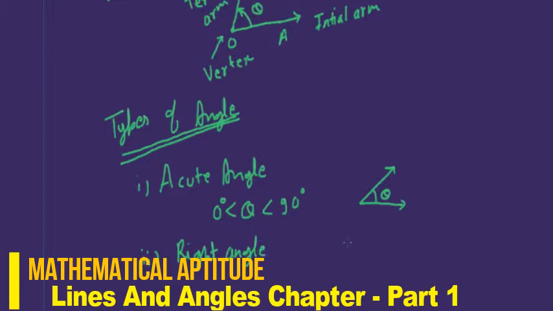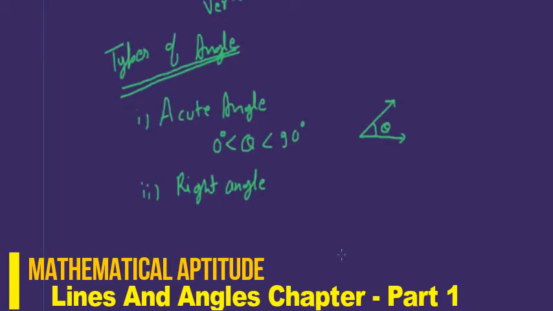A right angle means an angle whose measure is 90 degrees. Such an angle whose measure is 90 degrees we will call a right angle. The geometrical representation of a right angle is like that. Generally, we represent a right angle by a square box. It means this angle is 90 degrees.